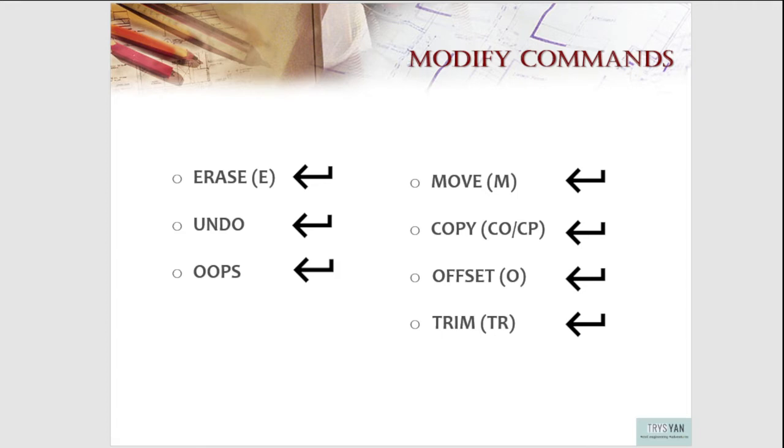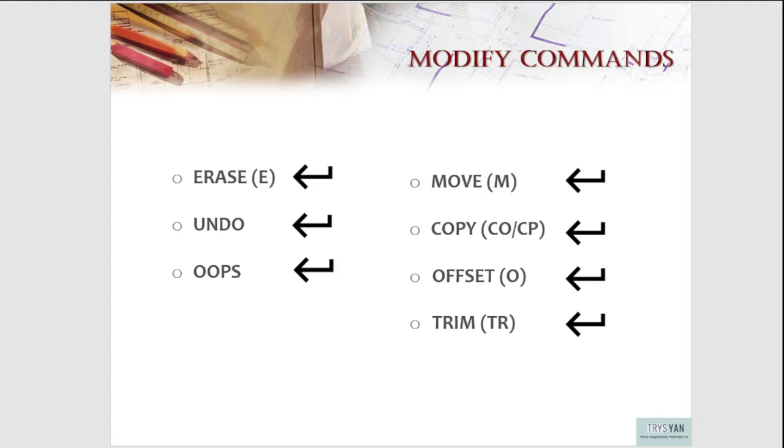So, pwede rin nating offset ang circle. Let's try a circle. I also want to make a circle with a radius of 5. Ayan, this is our circle, and we can offset it.